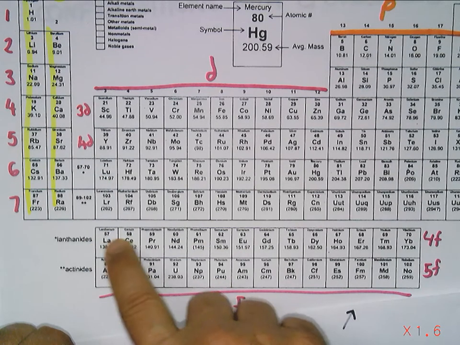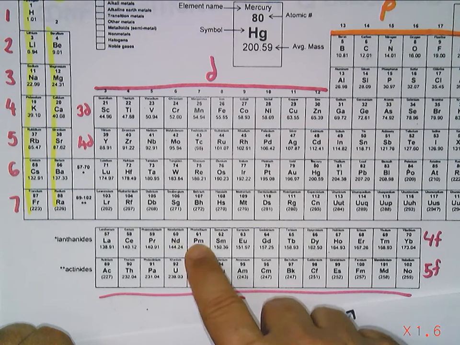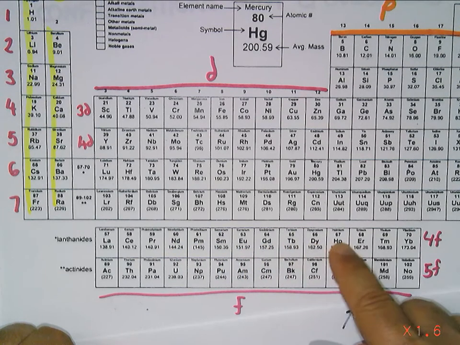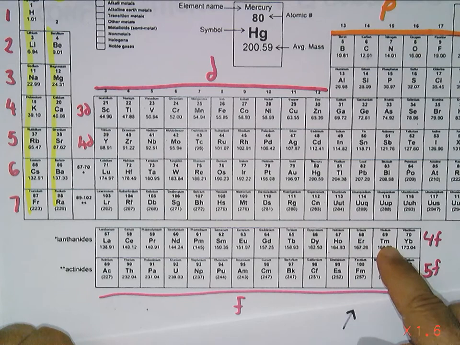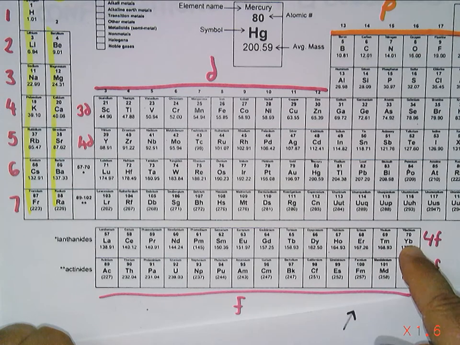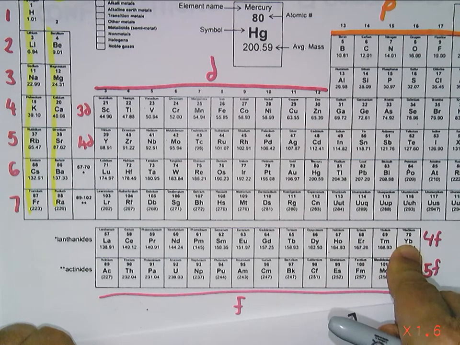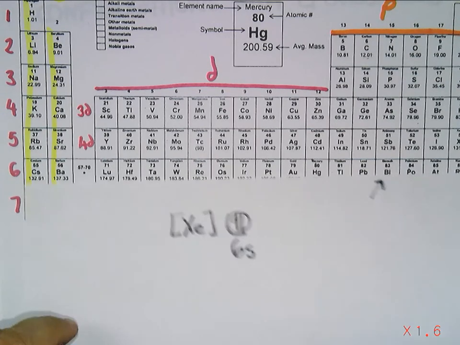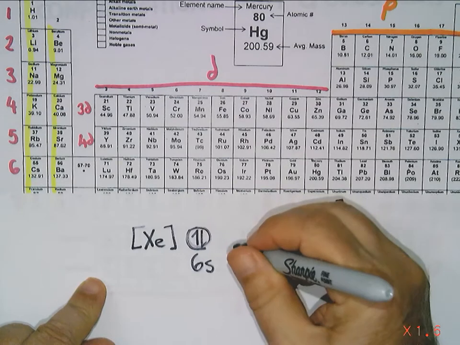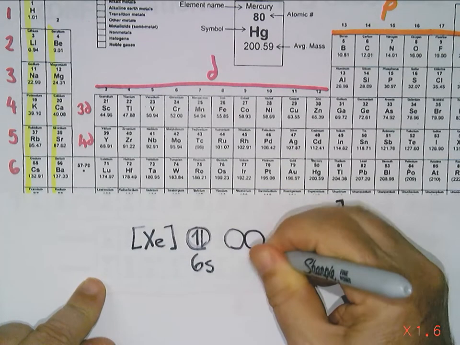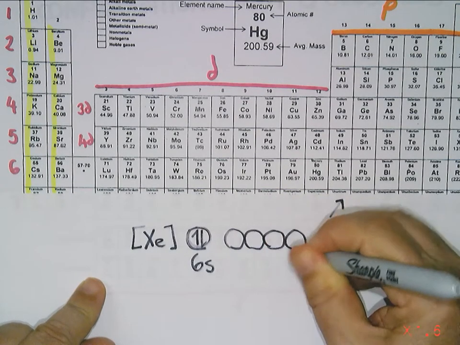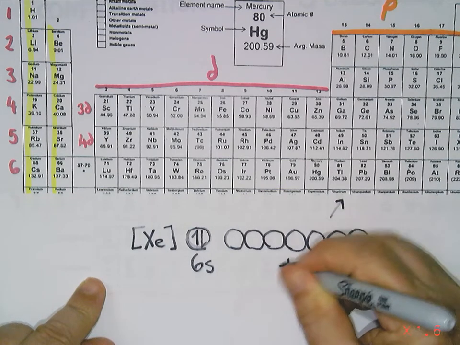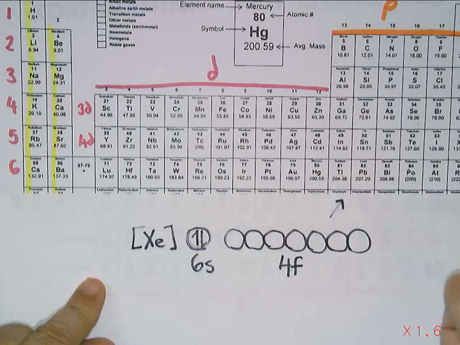This is 4f 1, 2, 3, 4, 5, 6, 7, 8, 9, 10, 11, 12, 13, 14. Just like we said before, there's 14 electrons that you can fit into an f subshell, and there's 7 orbitals in an f. All of that is a 4f.